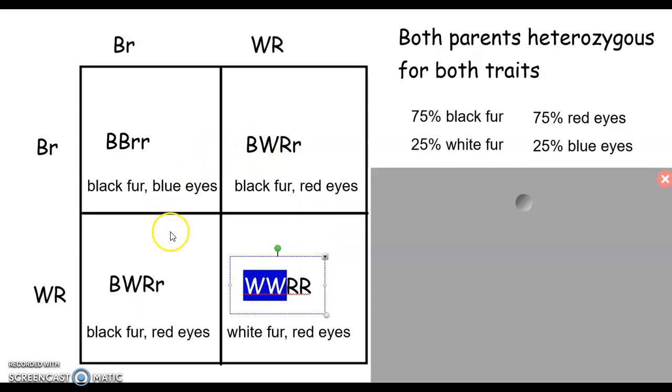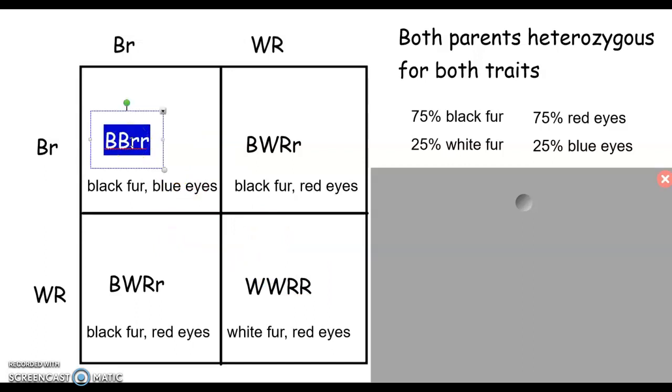So 75% black fur, 25% white fur. And in terms of eyes, it's similar, right? There's only one box that has the little r combination, the recessive combination for blue eyes. All the other boxes have at least one big R, and so it's 75% red eyes and 25% blue eyes.